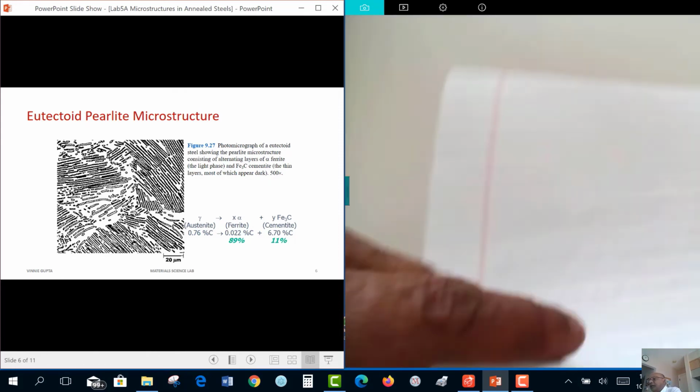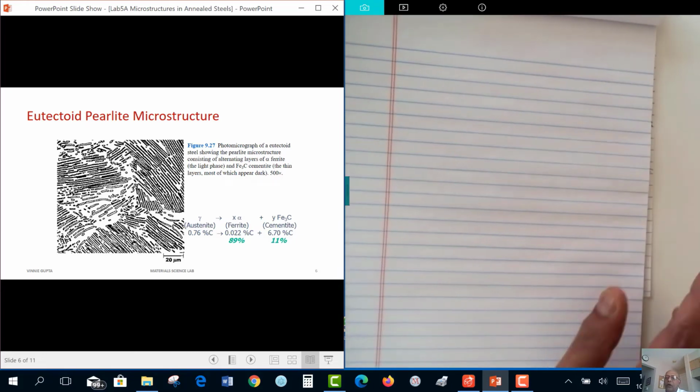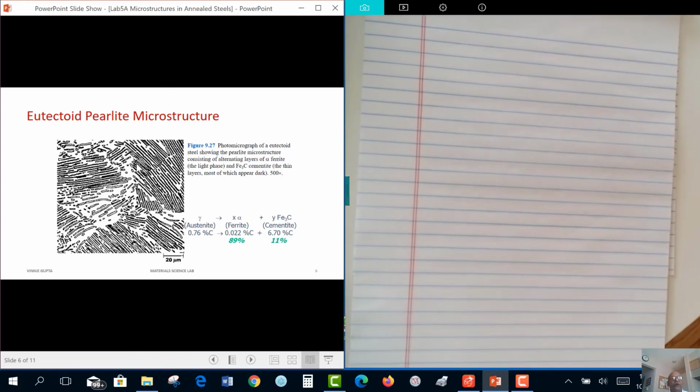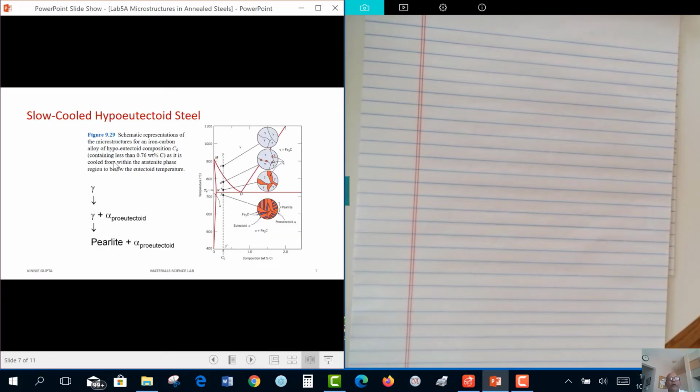Okay. So now let's look at off-eutectoid structures. For instance, let's consider a carbon composition to the left of this eutectoid. In this case, what will happen is we start cooling at point C, we have all gamma. Then at point D, we are in the two-phase region, we will have alpha and gamma.